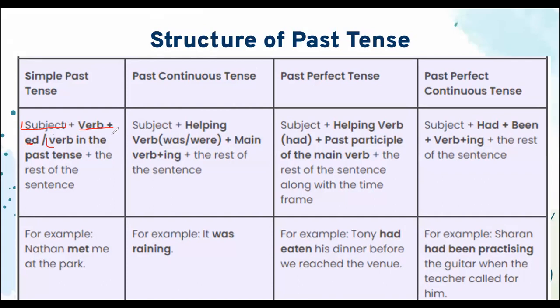For example, eat won't take ed because it's irregular, we'll say ate. And you complete the rest of the sentence normally. For example, Nathan met me at the park. Subject, verb in the past tense, and the rest of the sentence.